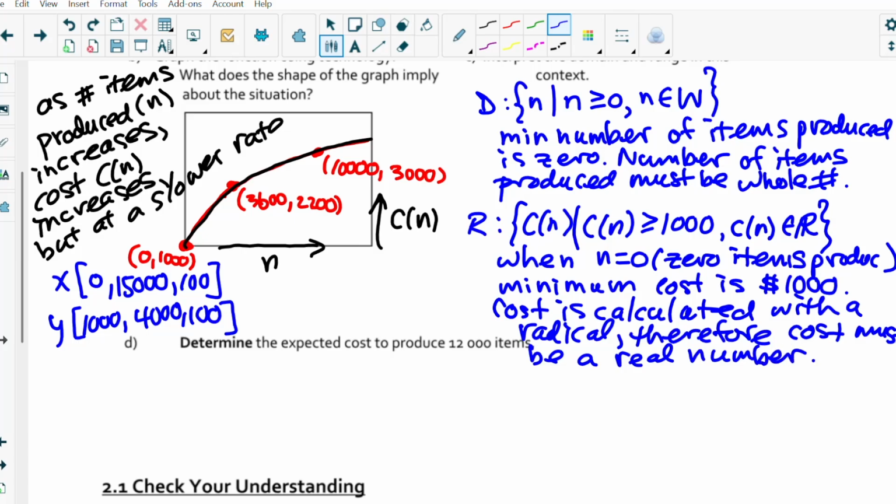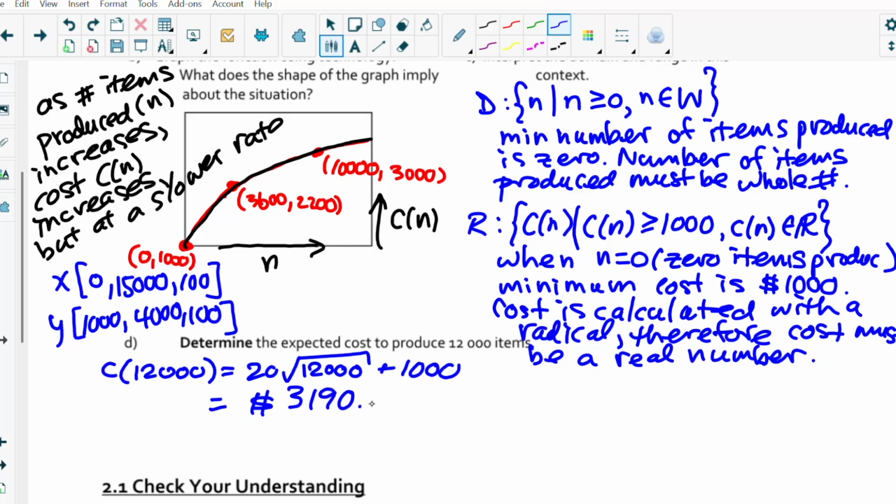Okay, determine the expected cost to produce 12,000 items. Let's do it algebraically. Cost as a function of 12,000 items equals 20 times the square root of 12,000, plus 1,000. And that will equal $3,190.89.